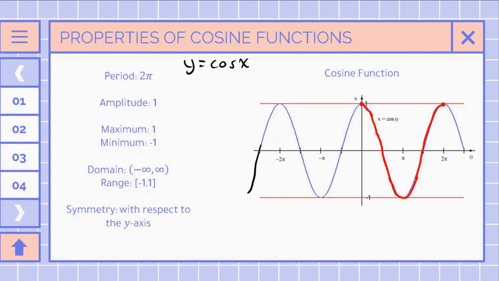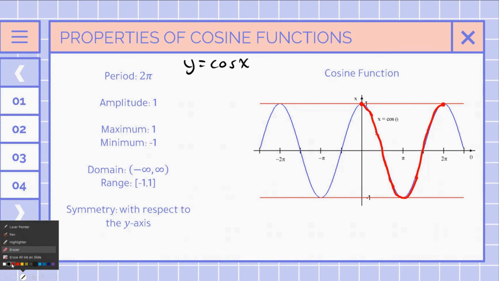Just like the sine graph, it extends all the way to negative infinity. Same thing here, goes to positive infinity. And same thing for the range, it's just the minimum and maximum values of your graph, which, unless you change the amplitude, is gonna be 1 and negative 1 for a generic graph.